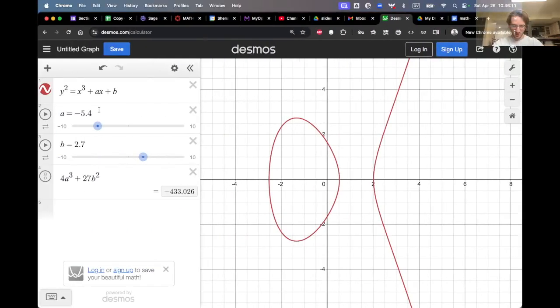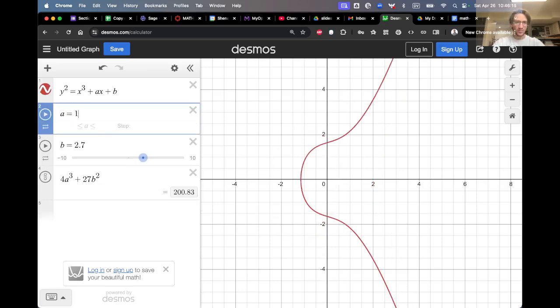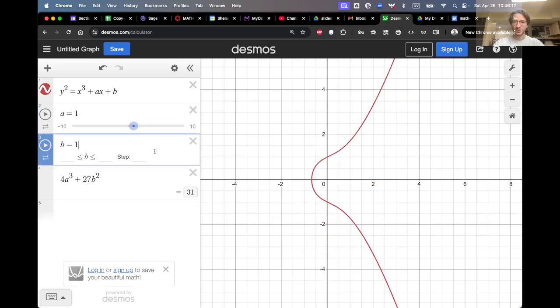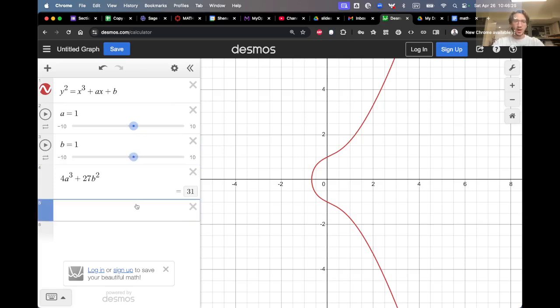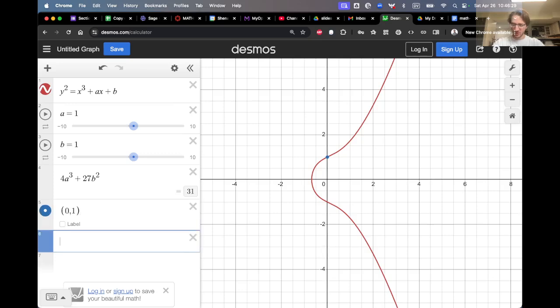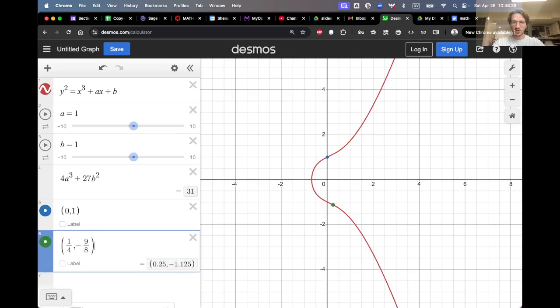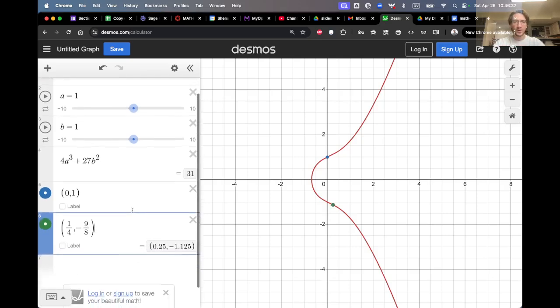Okay, first, I'm looking at the elliptic curve y squared equals x cubed plus x plus 1. So here's the elliptic curve we're looking at. Notice 4a cubed plus 27b squared is not 0, so it's a genuine elliptic curve. We're looking at the points (0, 1) that are on this curve, and (1/4, -9/8), which is also on this curve. Okay.